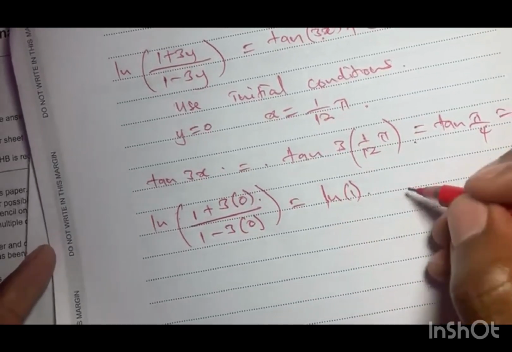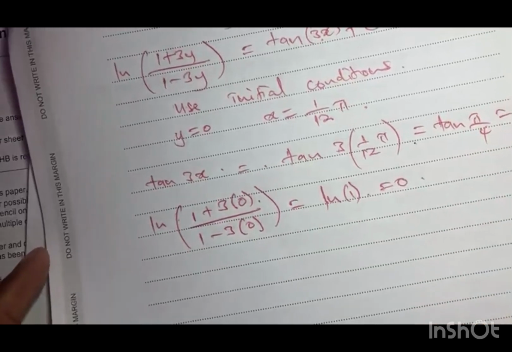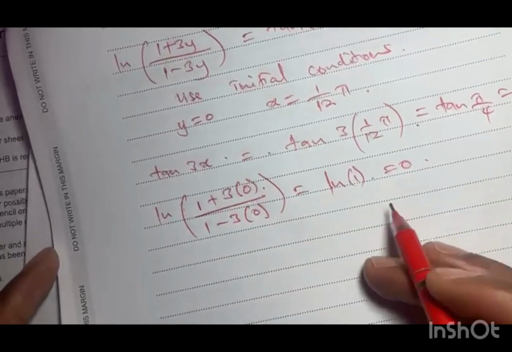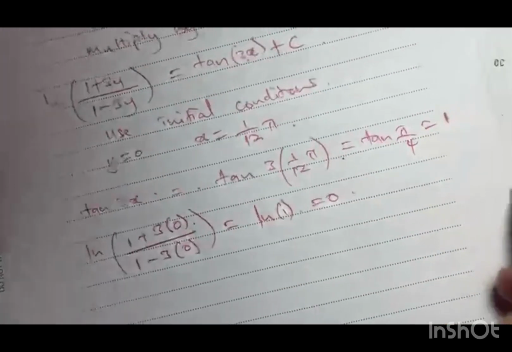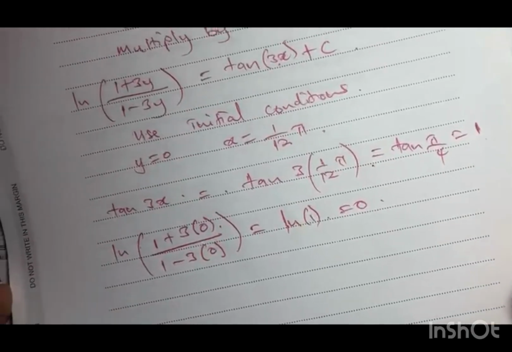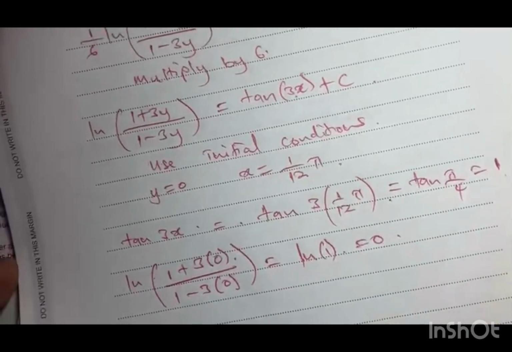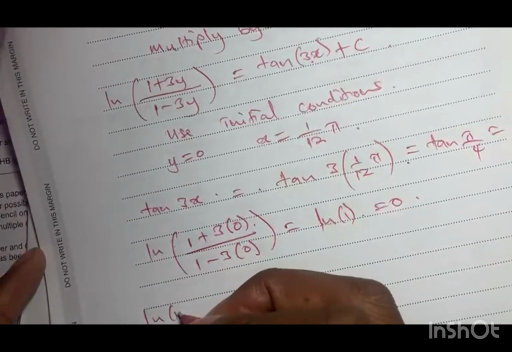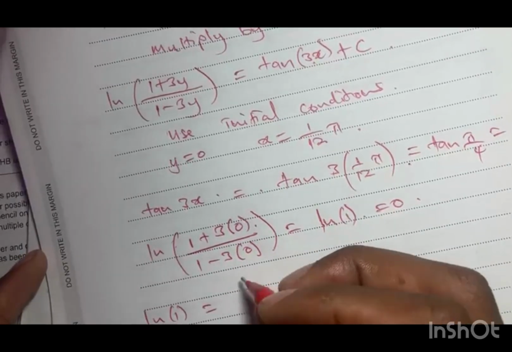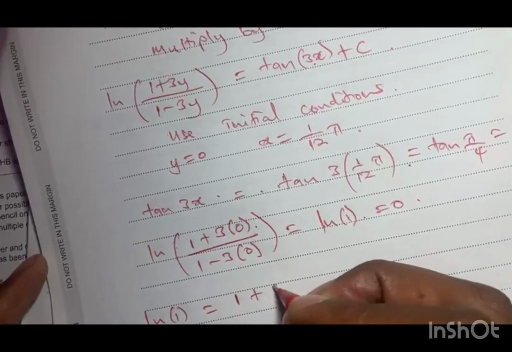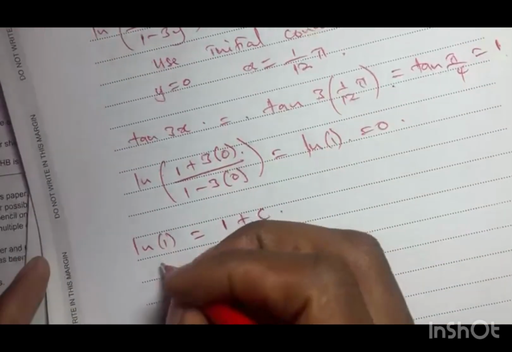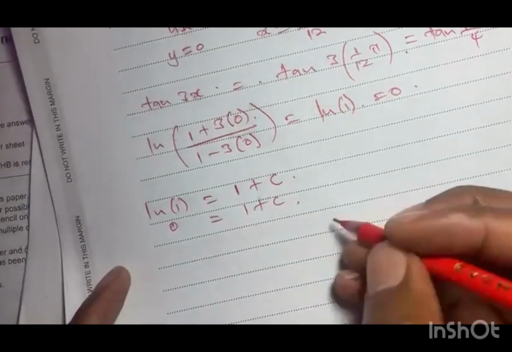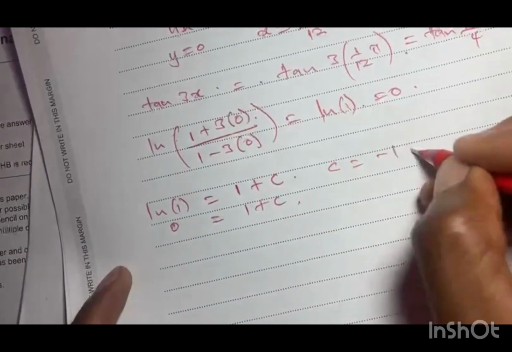So what I do next here is to equate the left hand side and the right hand side, or rather, to take it back into the equation, whereby I'll get ln 1 is equivalent to 1 plus c, because I want to look for the constant. Ln 1 is 0 now. It's equivalent to 1 plus c, which gives me c being equivalent to minus 1.